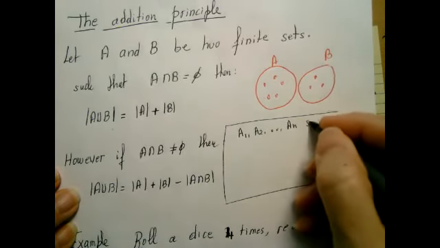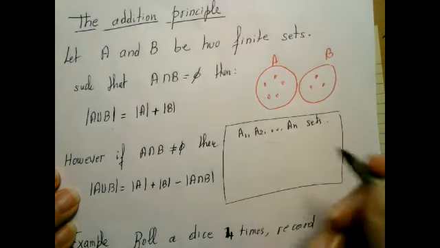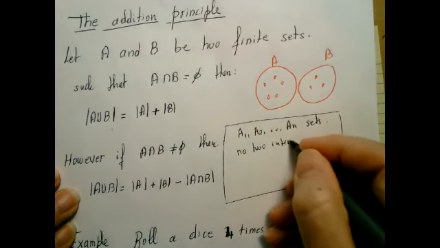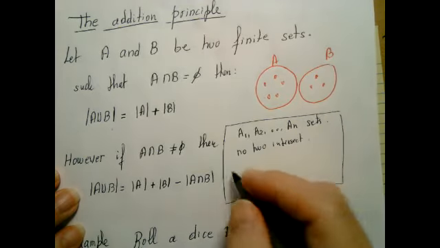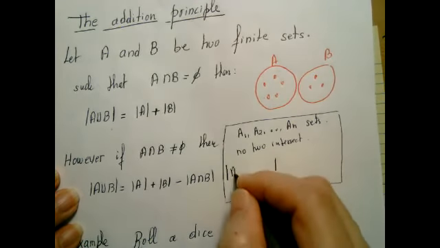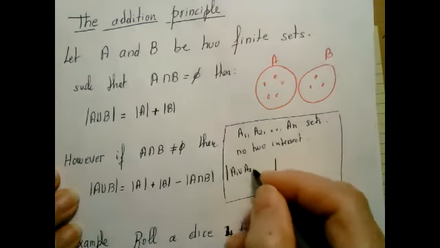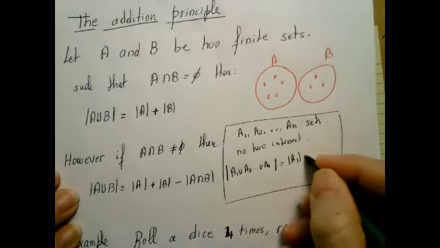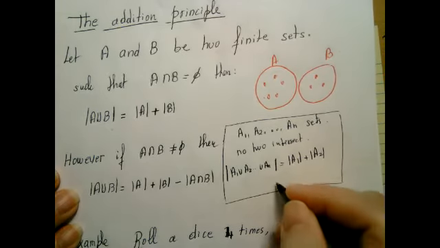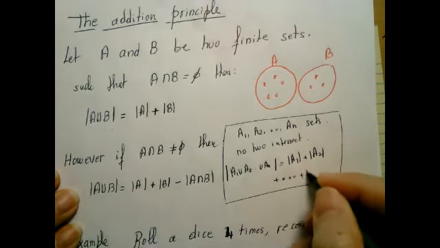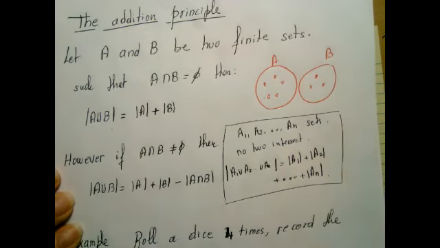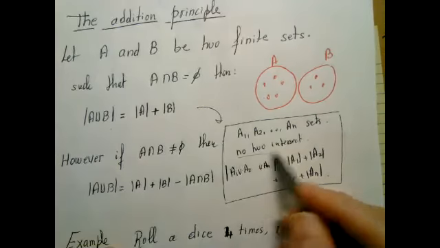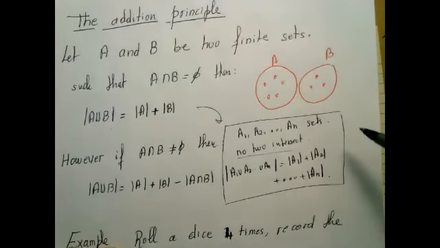These are finite sets such that no two intersect. Then the cardinality of the union is the sum of the cardinalities. This could be generalized too, but what matters is that they should not intersect. They are disjoint from one another.